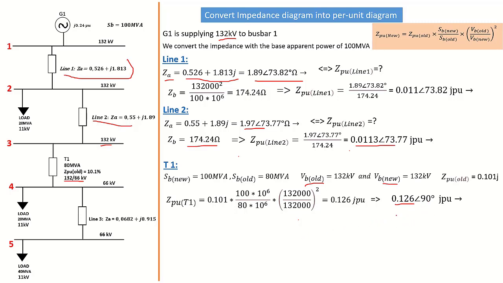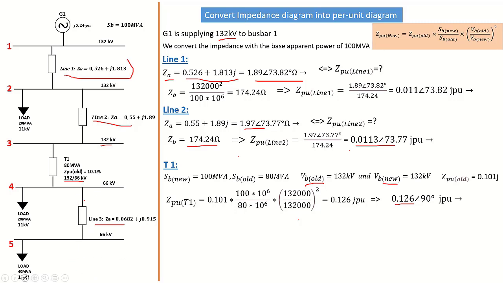The angle is 90 degrees precisely because the transformer is believed to be purely inductive, so the angle will be exactly 90 degrees lagging. The next step is then to find the Z per unit for line 3, right there.